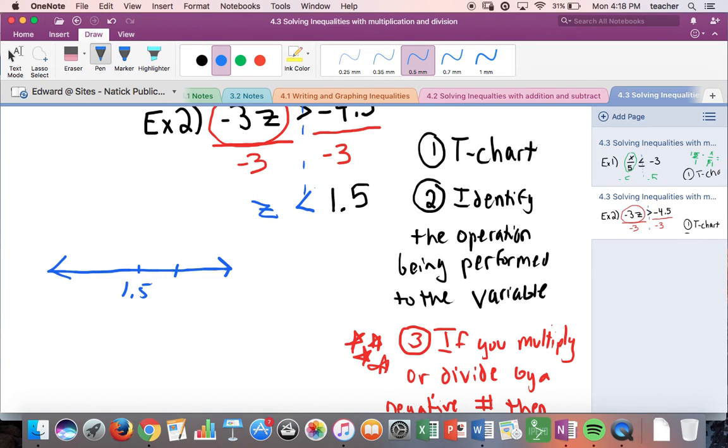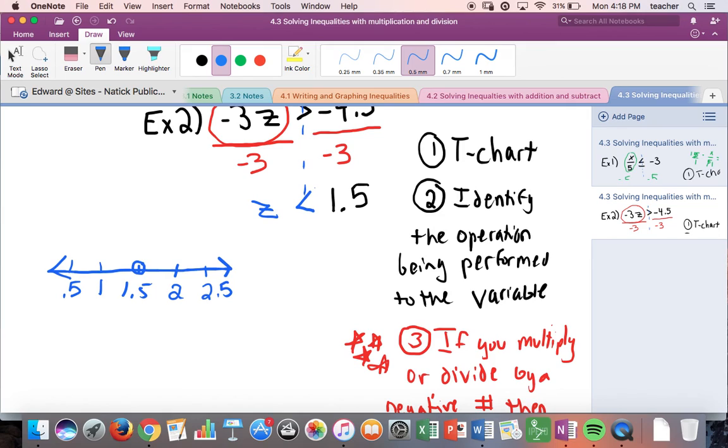Since this number is a decimal, I'm going to use decimals for the rest of my numbers. So we'll say 2, 2.5. It's really important that you count by a constant interval every time. 1 and 0.5. Notice I'm counting by 0.5s every time, and you want to make sure you're counting by a consistent number.